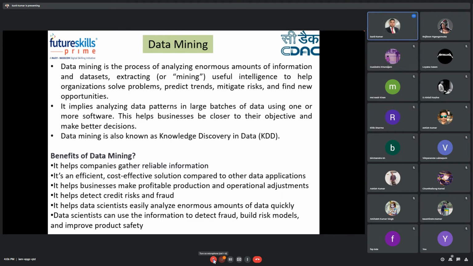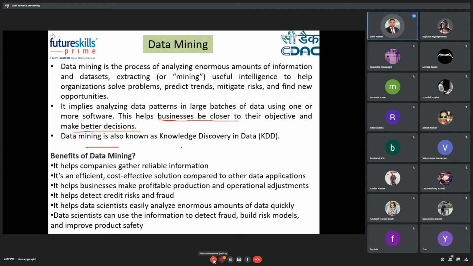Analyzing means first they will check their product rate in the market, number of users in the market, revenue generated through that product, and grievances about the product. Every factor will be considered, and according to that, the decision will be made by the company. You can see this helps to make better decisions.